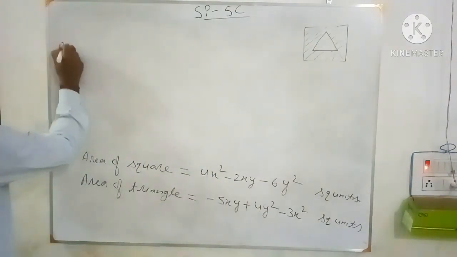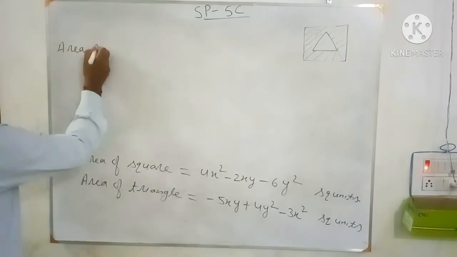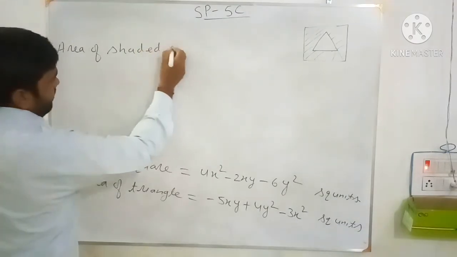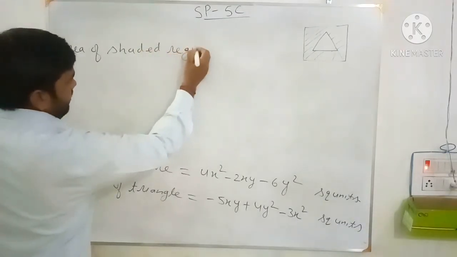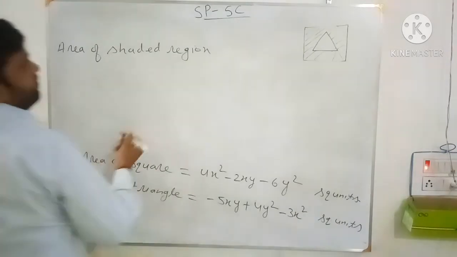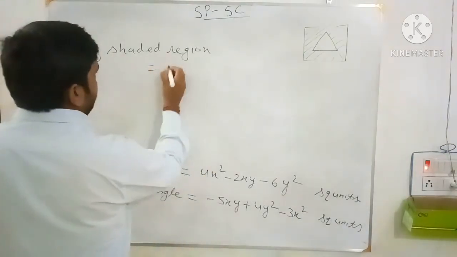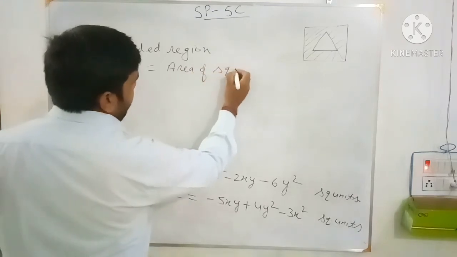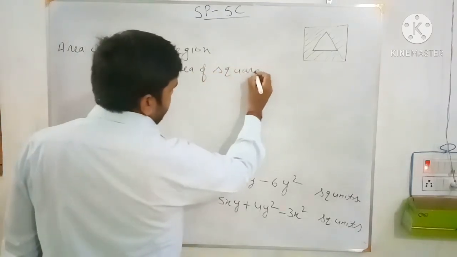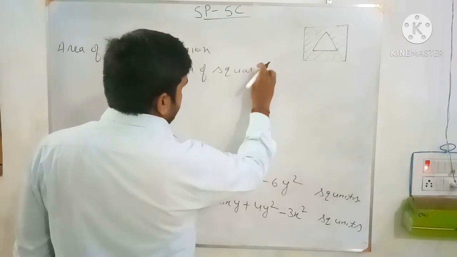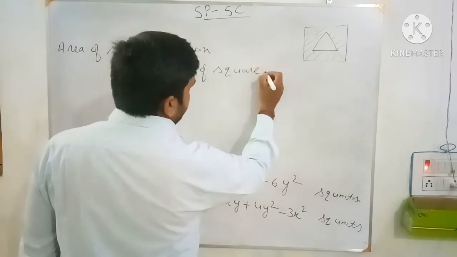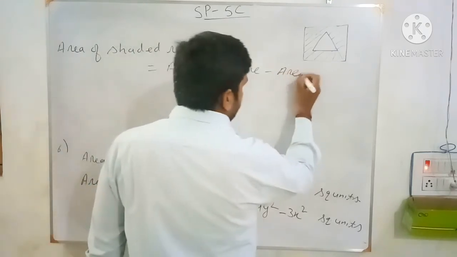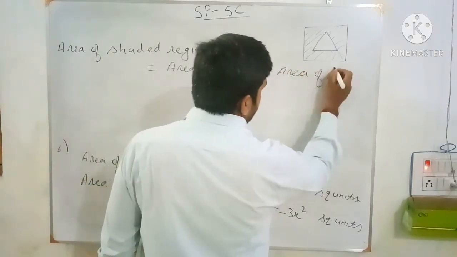Now, area of shaded region equals to area of square minus area of triangle.